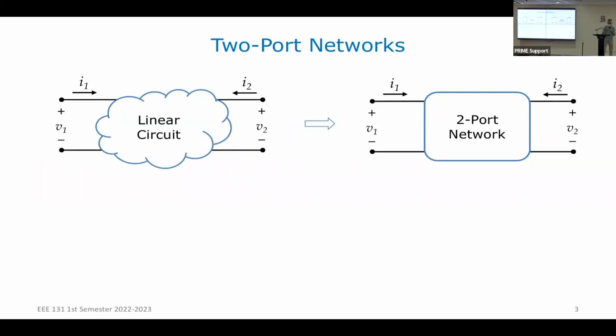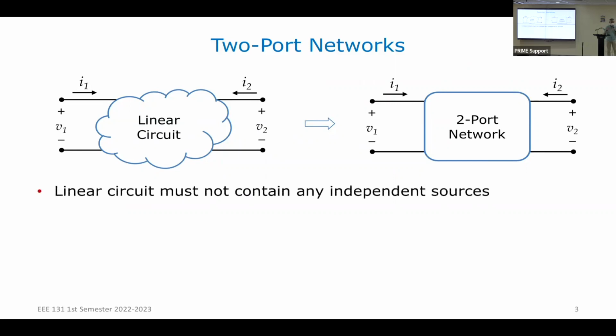With respect to two particular ports, you can represent the entire circuit using a two-port network model where you only need to specify 4 parameters. Okay? So this particular circuit can be a really complicated circuit that can consist of tens or even hundreds of components. And you can reduce that to a model where you only have to specify 4 parameters. So that's the essence of a two-port network.